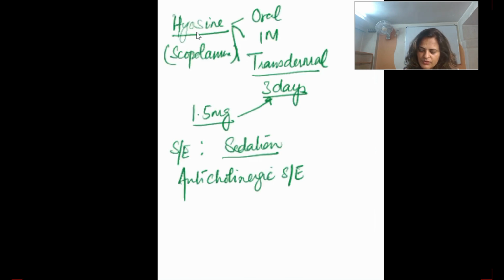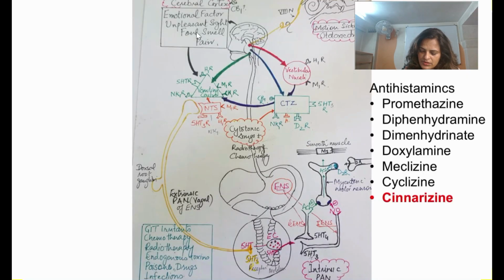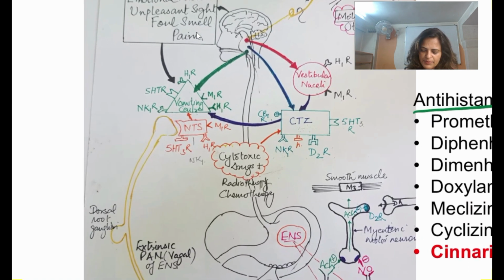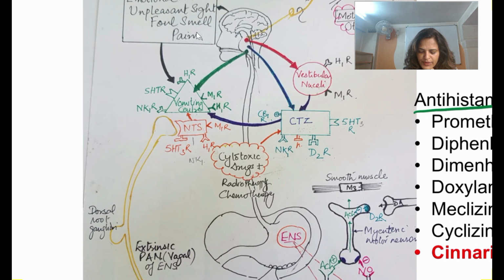Now, the next group of drugs is antihistaminics. Under this category, the various drugs which come are promethazine, diphenhydramine, dimenhydrinate, doxylamine, meclizine, cyclizine and cinnarizine. This group of drugs also acts in the same way. You can see the histaminic receptors again on the vestibular nuclei and on the vomiting center, here and here.